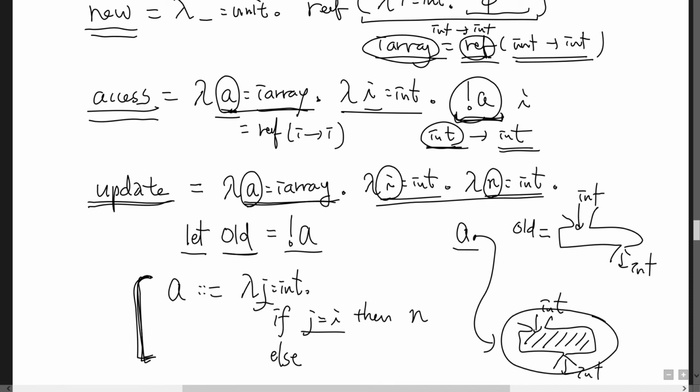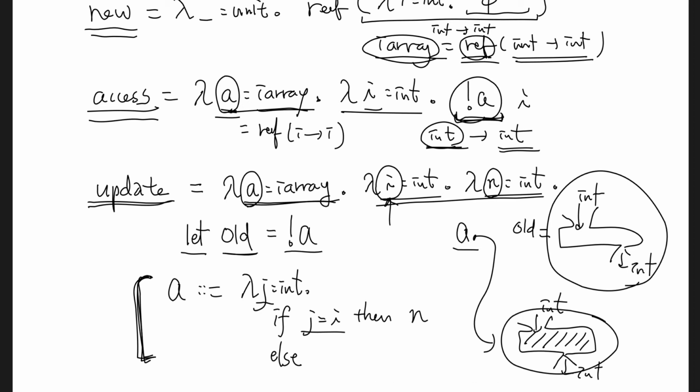Otherwise, you are trying to access not the index I. So in that case, you just go back to the previous integer array and retrieve the element. Therefore, you call this old with index j. So that's how you implement this update.